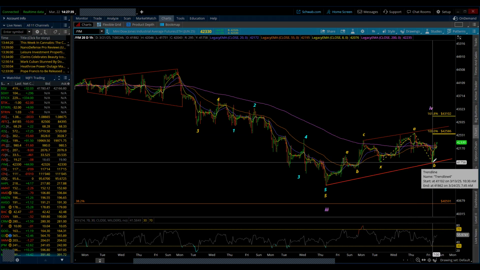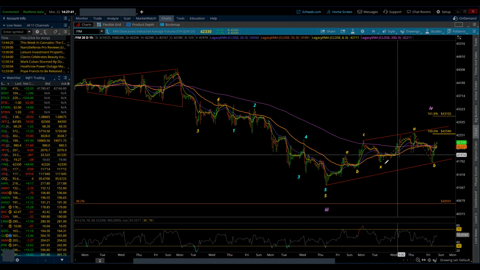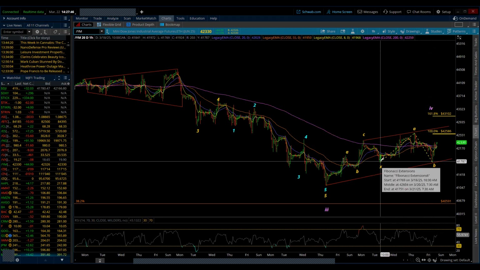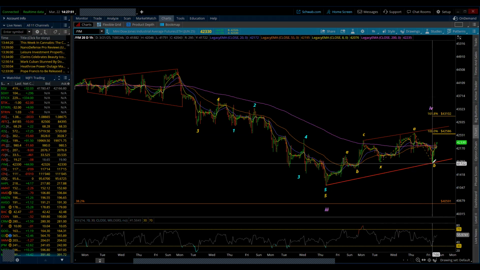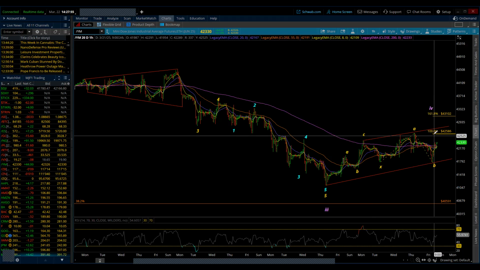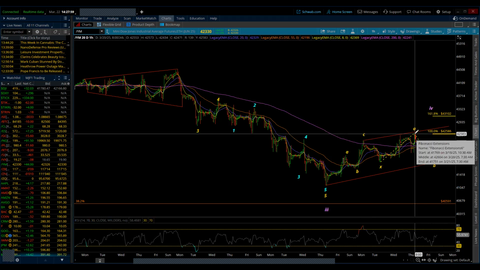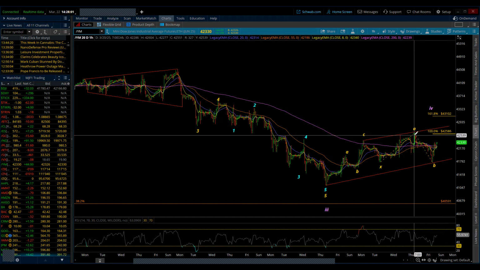Well, we can go to this low, 41,751, and then take that from that low, which was 41,769. So I think it's $18. Yeah, it's $18. If I add $18 to that 42,586, you're going to find that it comes out to be 42,604. So there we have it.